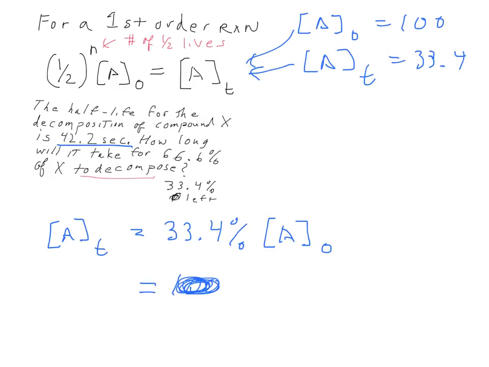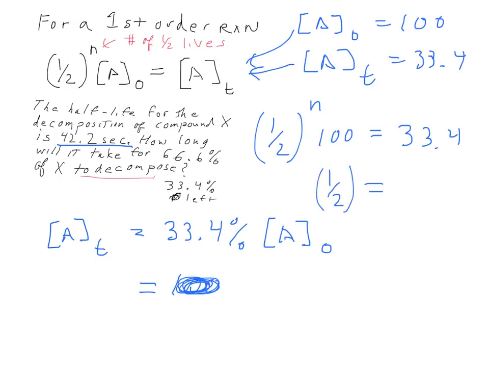So I have 1/2 to the n times 100 equals 33.4. Divide both sides by 100, so I have 1/2 to the n power now equal to 0.334. And you're saying, I don't know how to get that answer for n there.